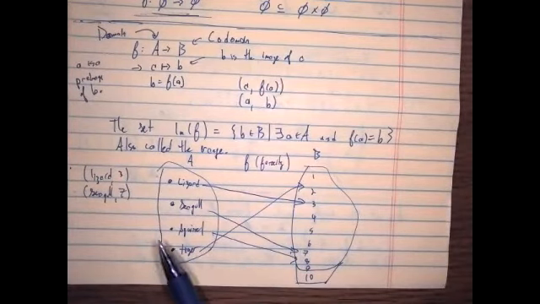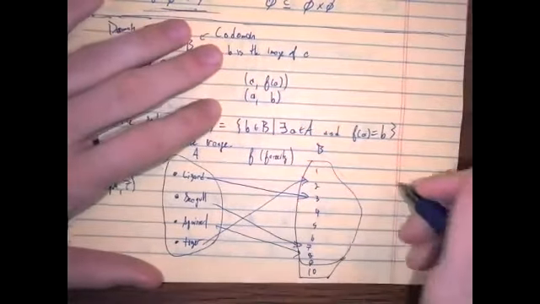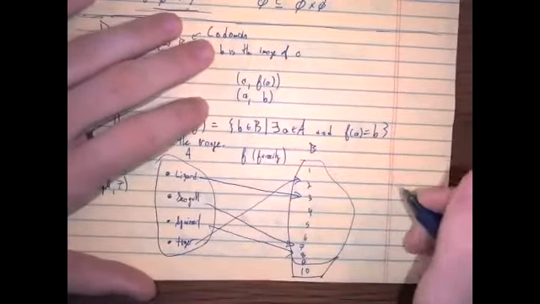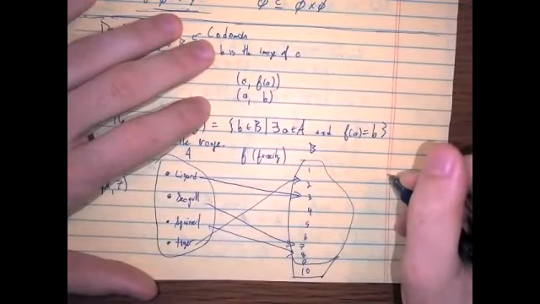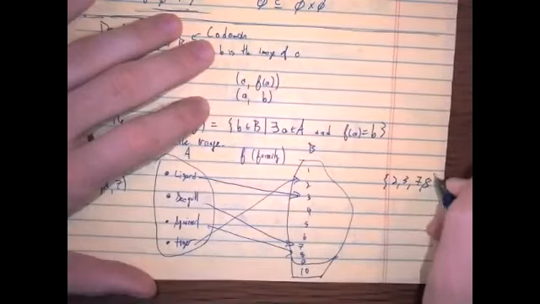What is the range of the function f, or the image of f? Yes, exactly. The range of my ferocity function is the set containing 2, 3, 7, 8.